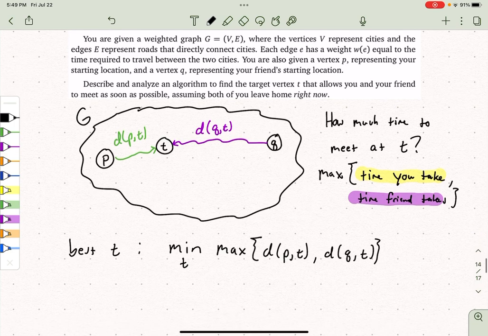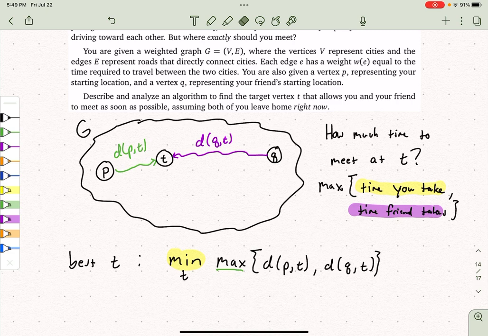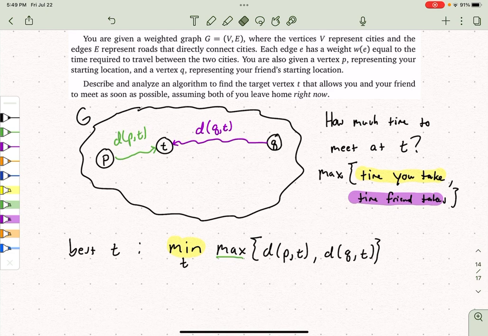So here it's a little weird because it's a min-max. Really you're solving a minimization problem. You want to meet as soon as possible. It just happens that this max comes into the problem because of how time physically works. You have to wait for the latest of you two to get there for you two to meet. So although there's a max in the problem, the goal of the problem isn't to maximize anything.